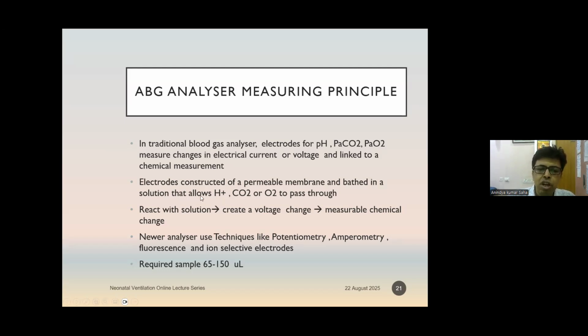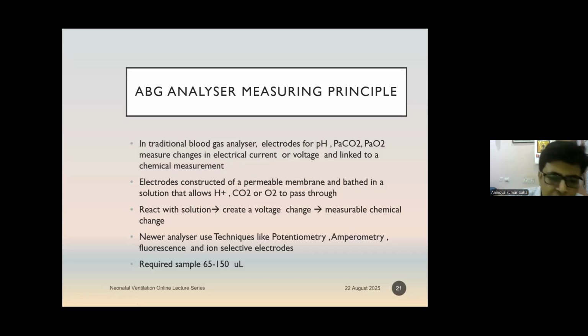H plus ions, carbon dioxide and oxygen from the blood sample pass through and react with the solution, creating a voltage change. That voltage change is estimated by the electrodes and transformed into a measurable chemical change.